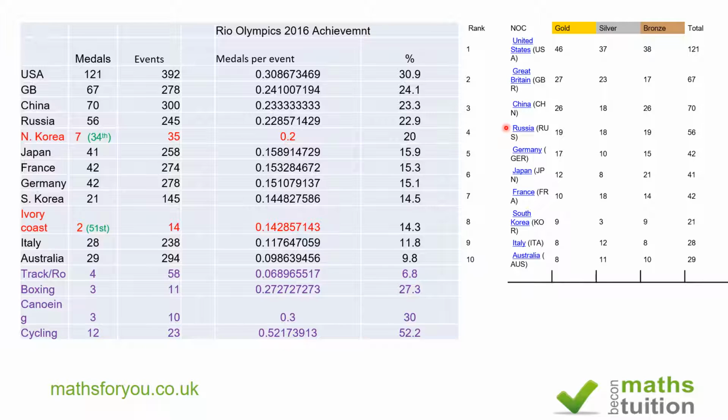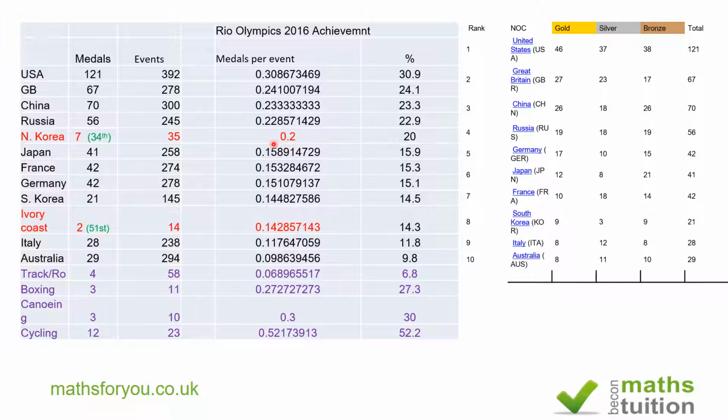So that's okay. But have a look at North Korea, for instance. Now, in the IOC ranking, North Korea comes 34th. But in my system, North Korea comes above Japan because they had a 20% success rate. Japan had 15.9, Germany, France 15.3, and so on and so forth.